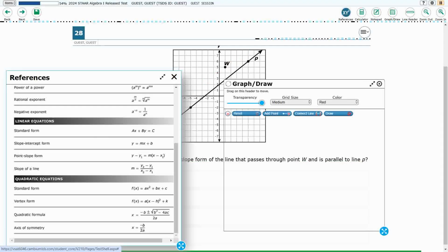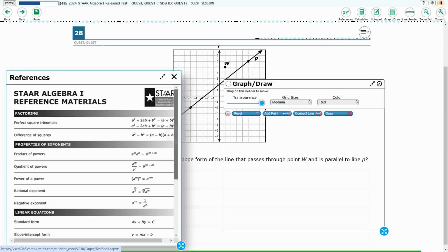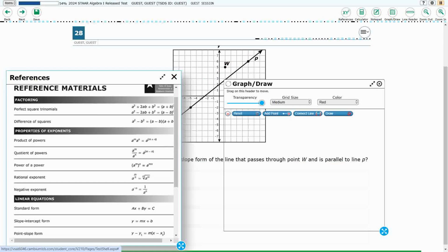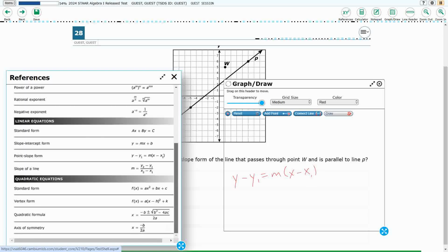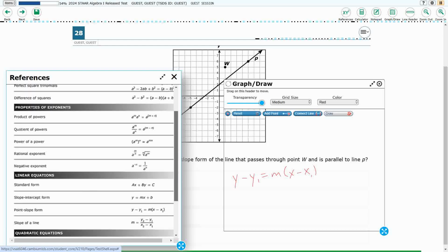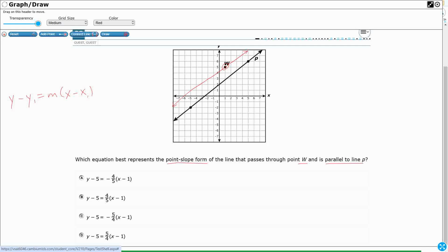If we look at our reference materials, it's going to be down here, linear equation. And you see right there at the very bottom of the screen, I've got y minus y1 equals m(x minus x1). Now, there's nothing on here about parallel, so we have to know that coming into the test.